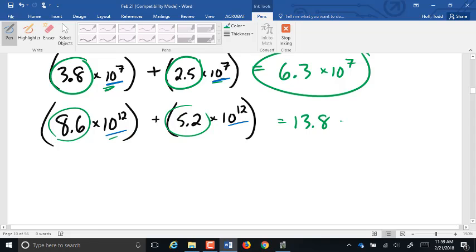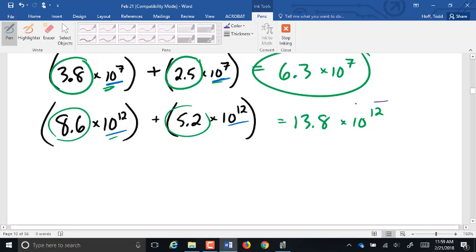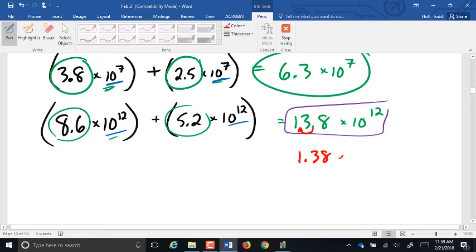And we keep that same name, times 10 to the 12th. Now there's a small issue here because this is not proper scientific notation. Proper scientific notation, we only have one digit in front of the decimal point. So we have to move that decimal point over to make that 1.38.